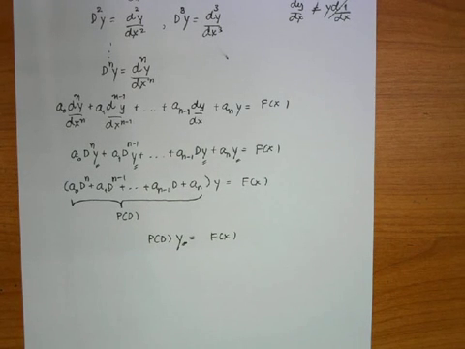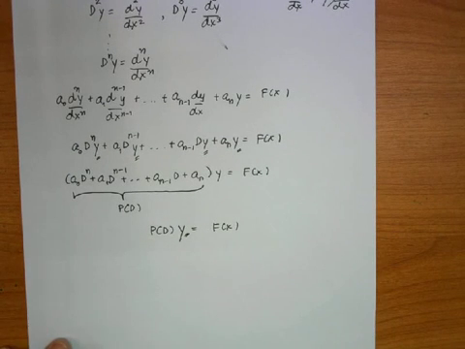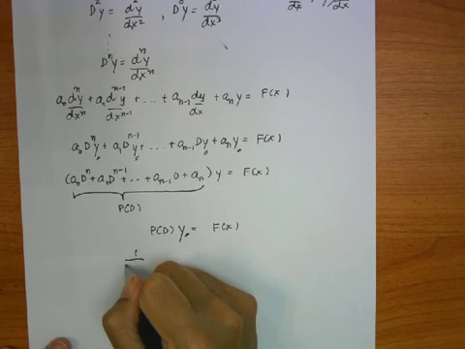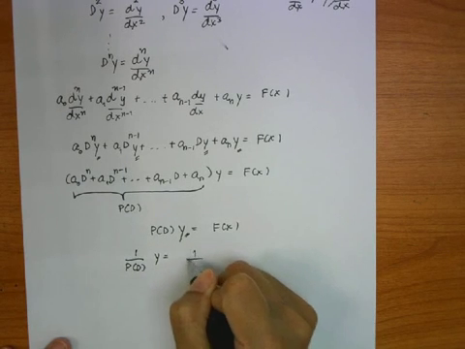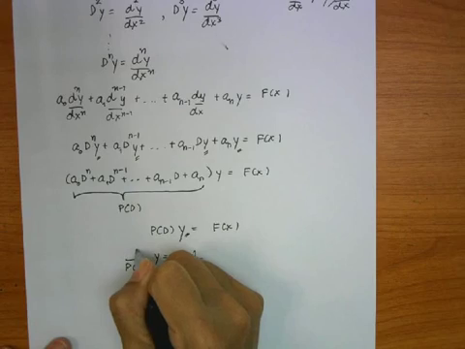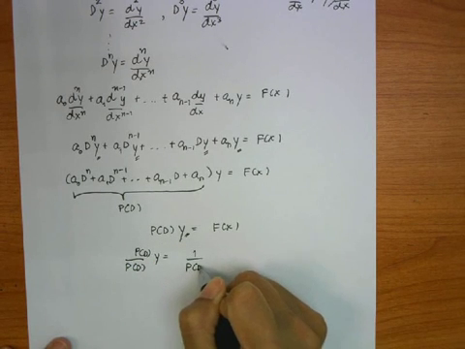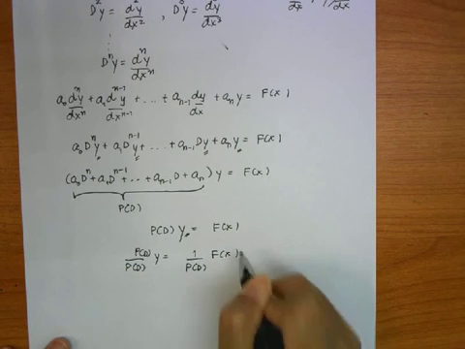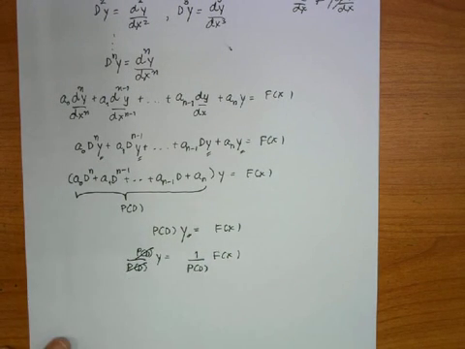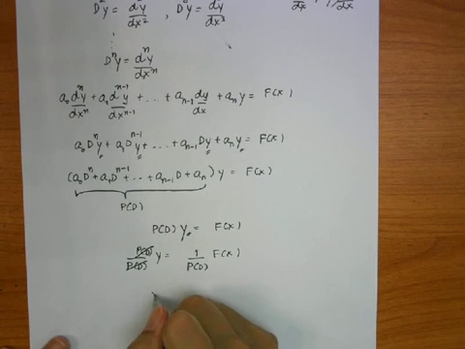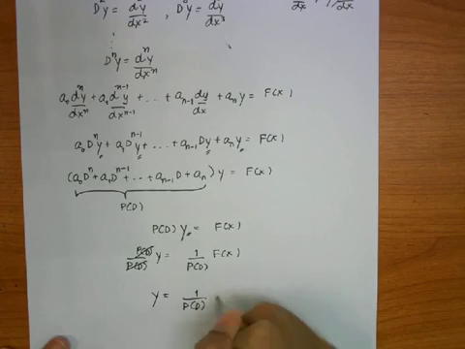The way we do it, we multiply both sides of the equation by 1 over P(D). Now P(D) and P(D) cancel out, so you get y equal to 1 over P(D) f(x).